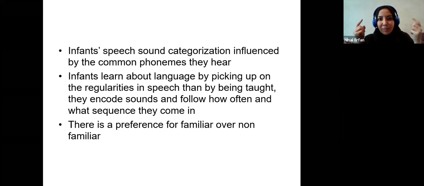They pick up on speech being regular, they can encode sounds and often follow the sequence that they come in. Again, try to imagine that you're listening to a language you do not understand. You're really focusing on sound, the auditory unit of the language, and trying to make sense of it more than understanding what the actual word means.